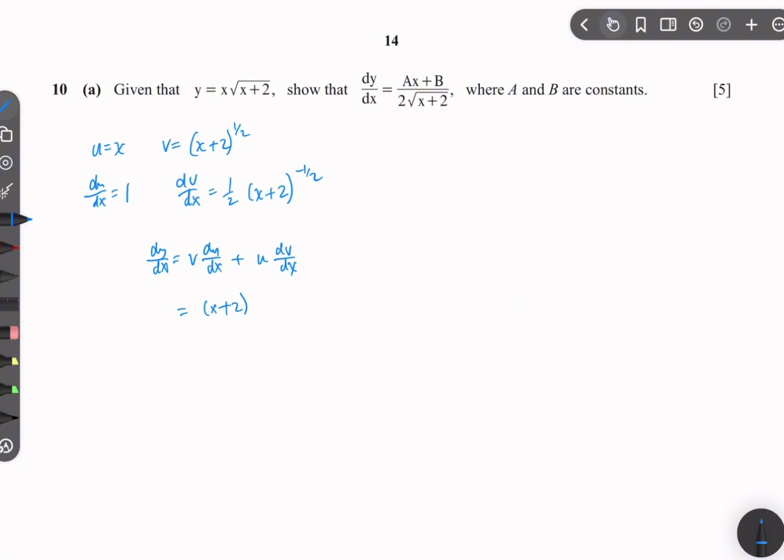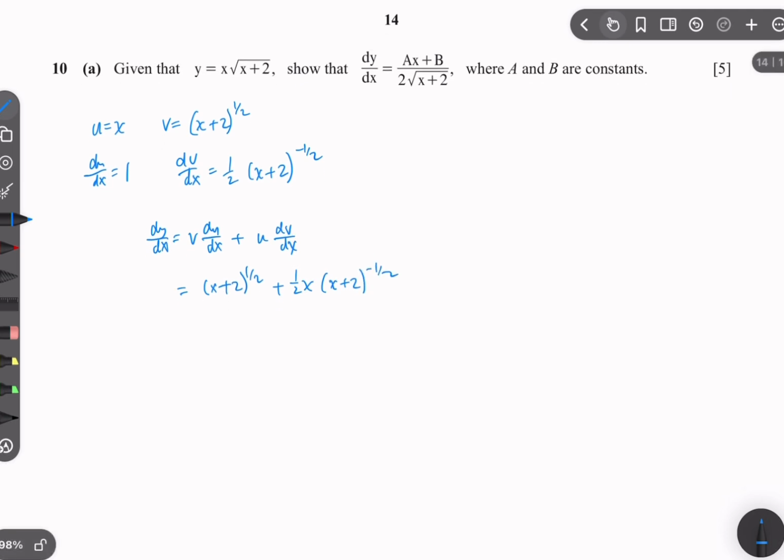One times x plus 2 to the power of half, and then a half x times this. And now we just need to write this in the form that the question wants.